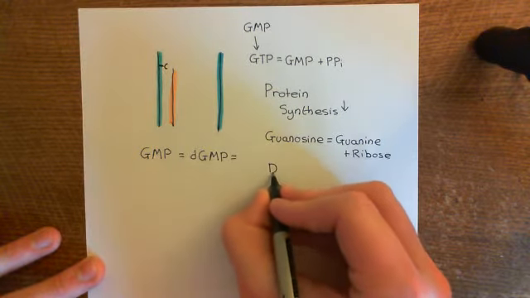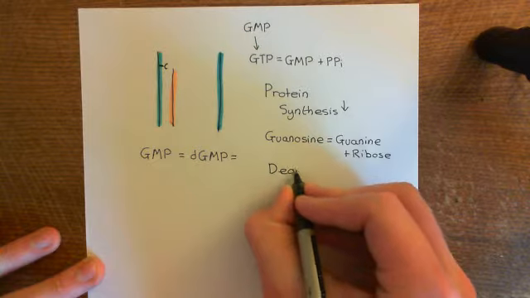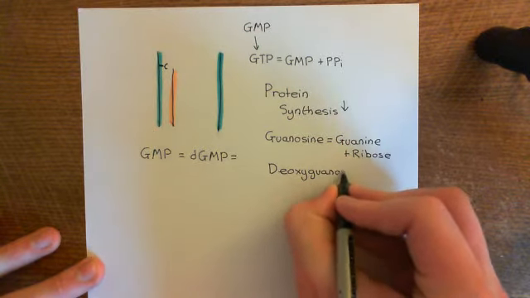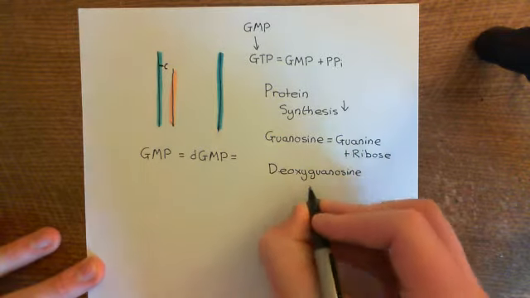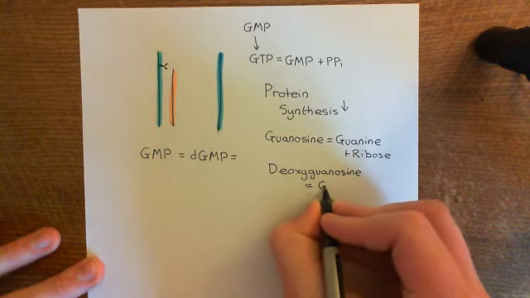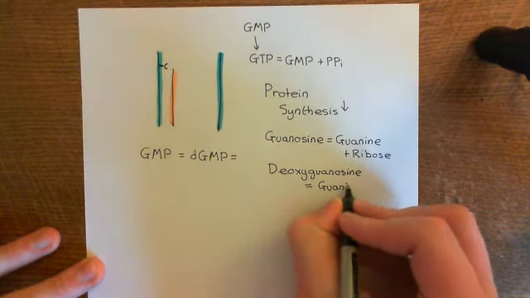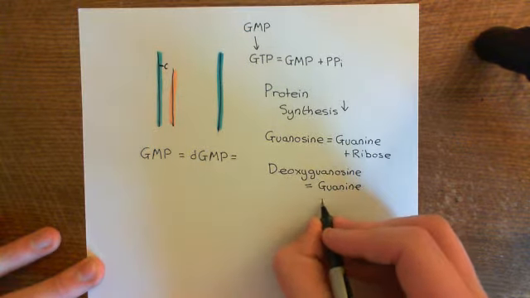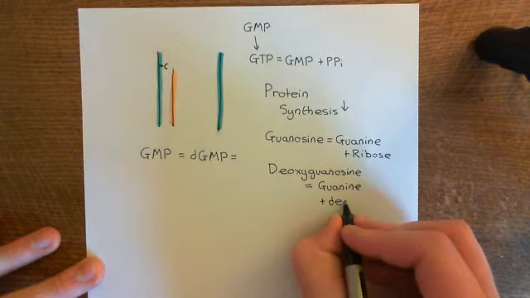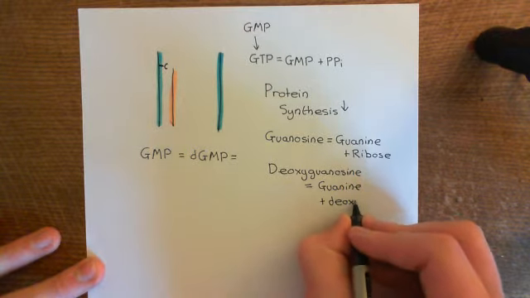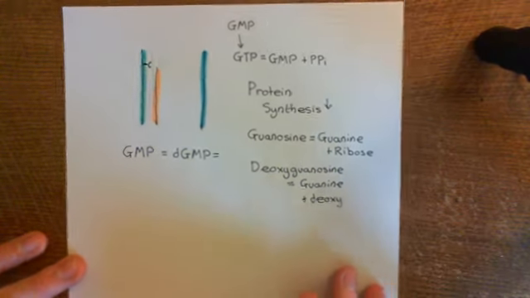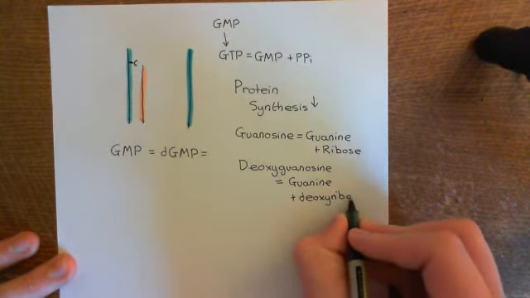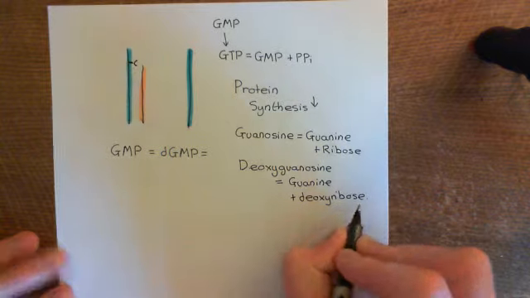Let me put this down here. Deoxyguanosine means guanine plus deoxyribose. So in order to make DNA, you're going to need deoxyguanosine monophosphate, and this is made from the guanosine monophosphate. So if you have no guanosine monophosphate, you're also not going to have any deoxyguanosine monophosphate.